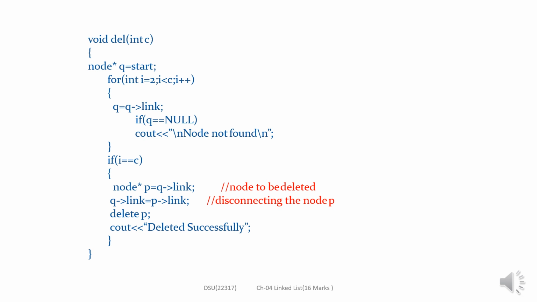So here the node to be deleted is disconnected, node p, then delete p and print deleted successfully. } } Through this code we can delete the intermediate node from the list.